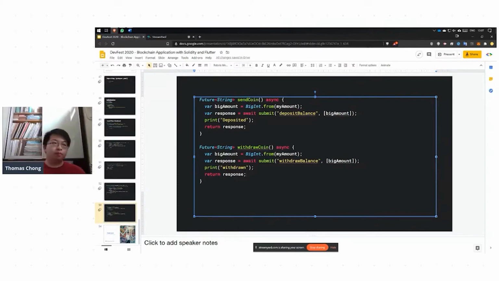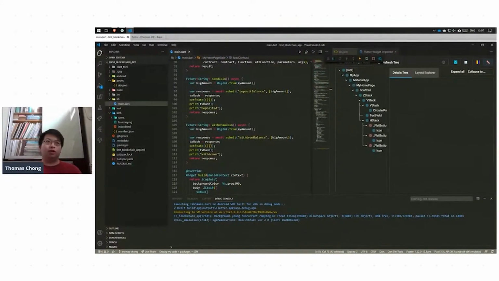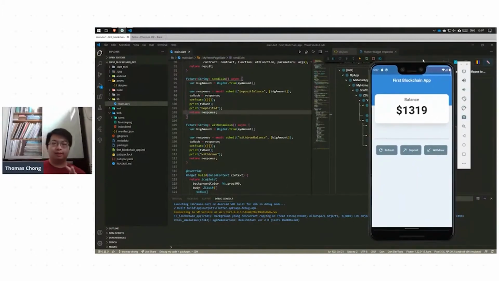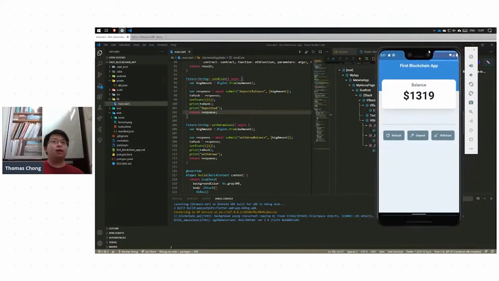Okay. So when we look back, I open this emulator, and you can see that it's already connected to the blockchain network. You can refresh it, and after you press refresh, you have the updated value here.